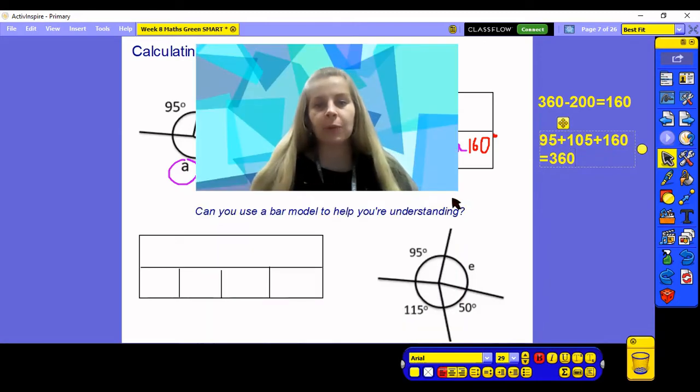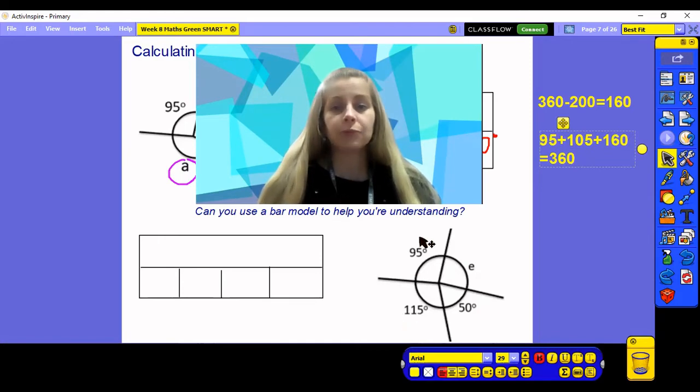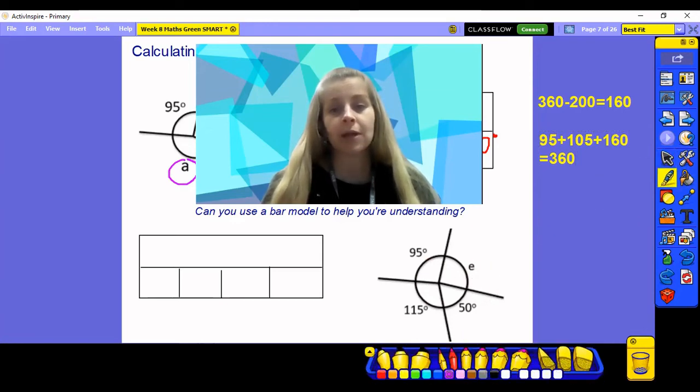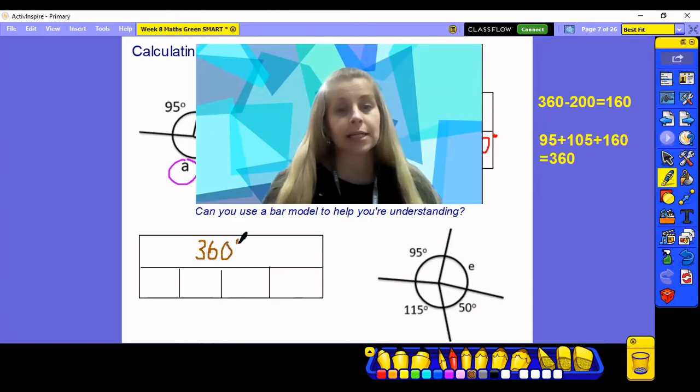And this time, rather than two angles given, we have actually got three angles given, but we are still looking for one mystery angle here. So I won't slow us up because we already know the fact that the whole amount of degrees around a point is 360.